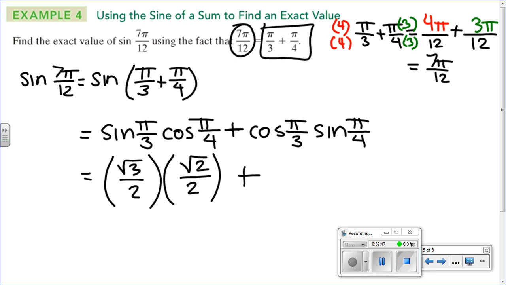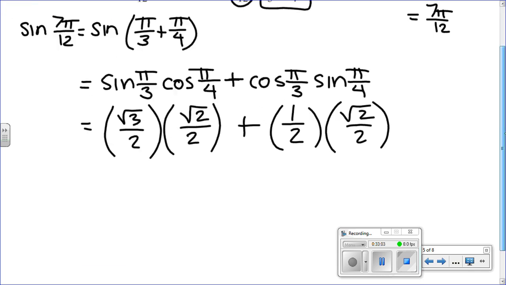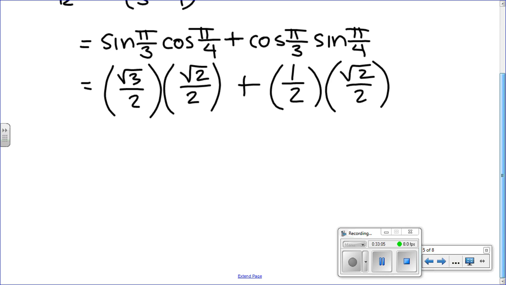So the cosine of pi over 3 is like the cosine of 60, which is the same as the sine of 30, my favorite. 1/2. You cannot forget my favorite, guys. And then the sine of pi over 4. Square root of 2 over 2. Very good. So you see, it's very simple to use the formulas, right? That's what I will test you.